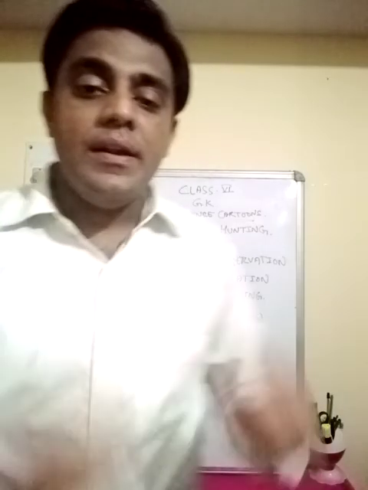Your work is to write their definitions in your GK notebook. You note down these words and you will write their definitions. For reference, you can refer to this video, and also you can refer to your dictionary or any other source, but you will have to write their definitions. I hope you understand the homework.